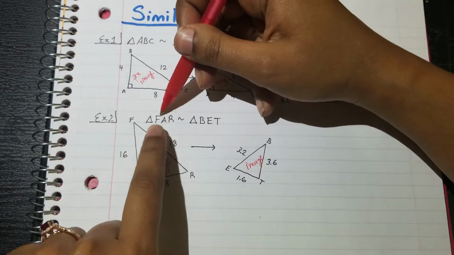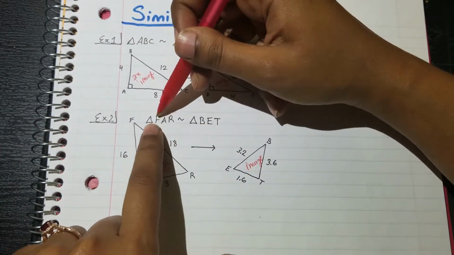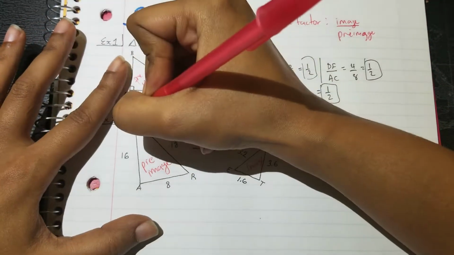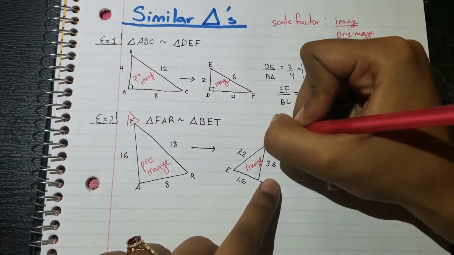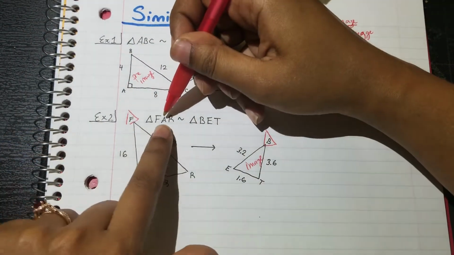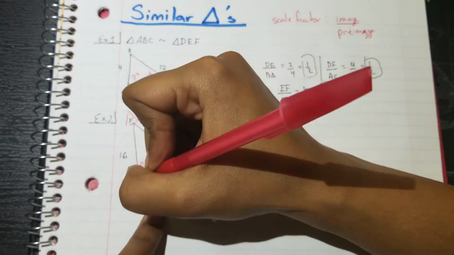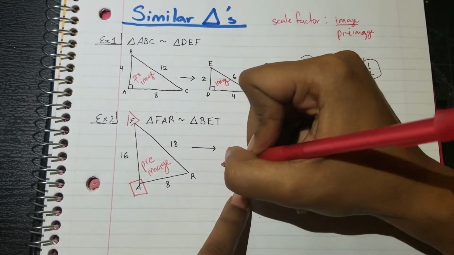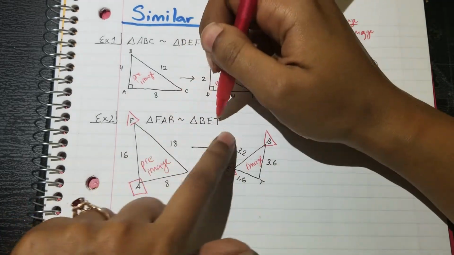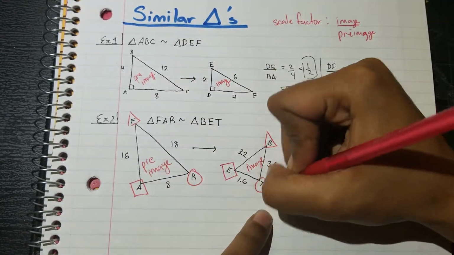So to indicate that F and B are corresponding, we can put little triangles over them. To indicate that A and E are corresponding, we can put squares over them. And to indicate that R and T are corresponding, we can put circles over them.